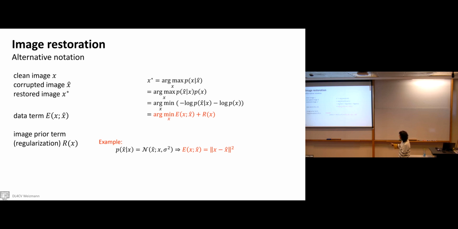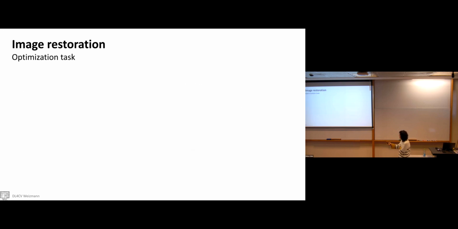So this is called the data term, and this is called regularization. I need to know how to optimize these two terms, the data term and the regularization term, which is the image prior term, okay? Clear? Any questions? Okay, let's move on.